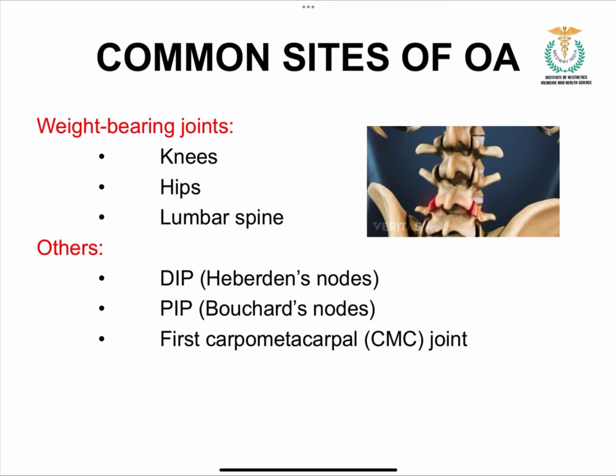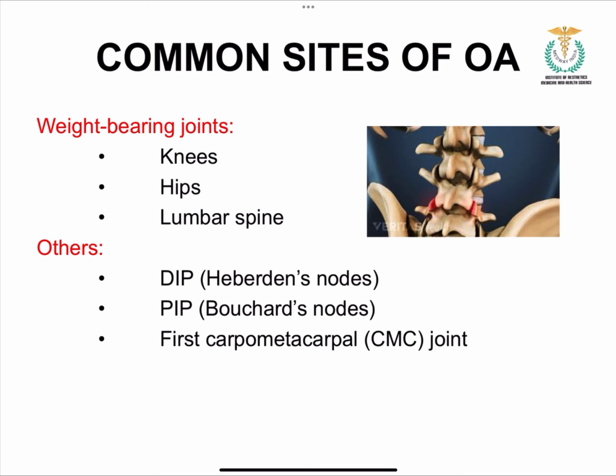Next, we'll see the common sites of osteoarthritis. Where is osteoarthritis commonly found? Primarily, the weight-bearing joints like the knees, hip, lumbar spine, etc. These three are the important weight-bearing joints, and it also affects other small joints like the DIP, that is Heberden's nodes, the PIP, that is Bouchard's nodes, and the first CMC, carpometacarpal joint.